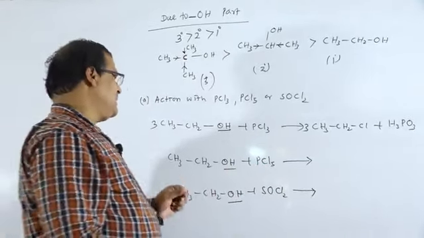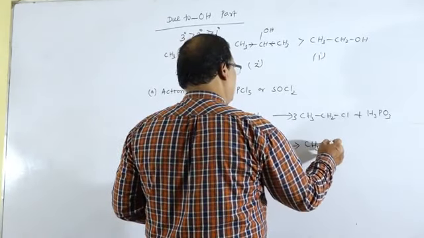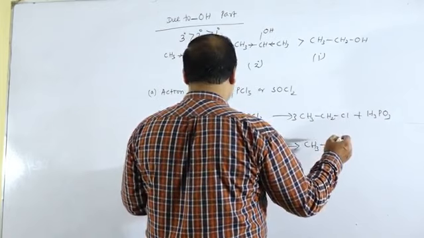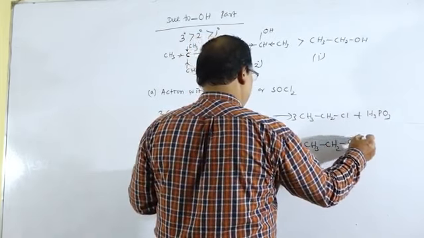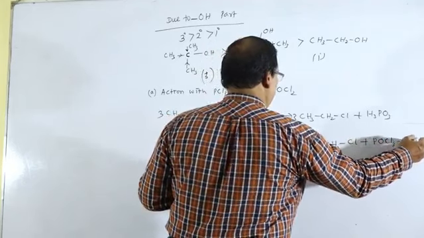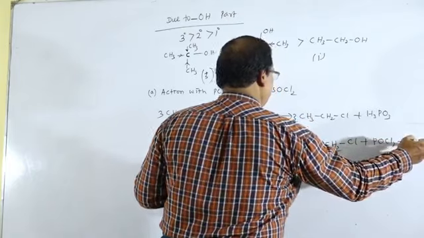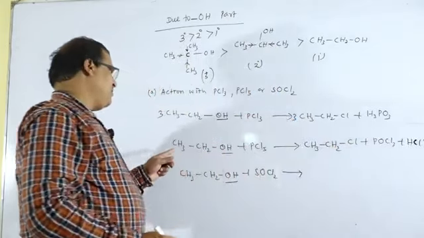in the PCl5 reaction there is the formation of CH3CH2Cl plus POCl3 plus HCl, which is removed in the form of hydrochloric acid.